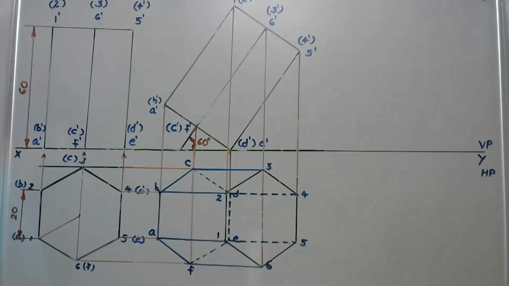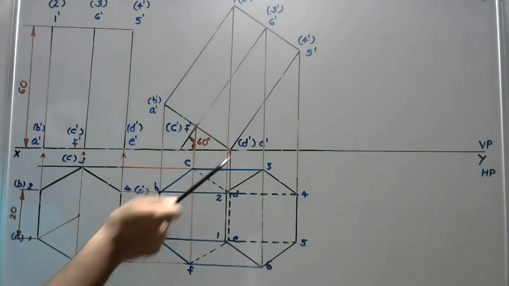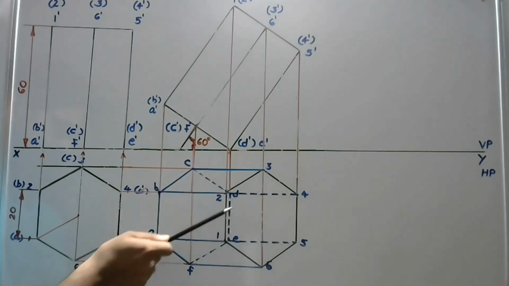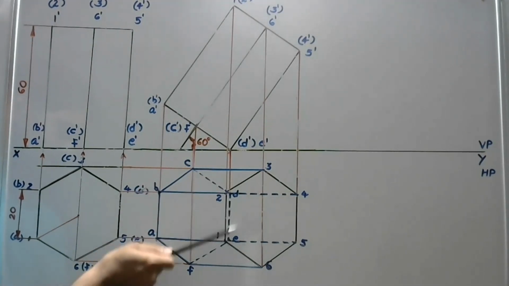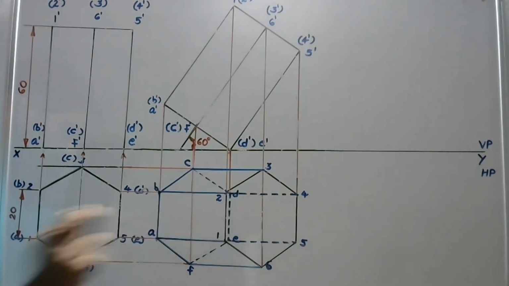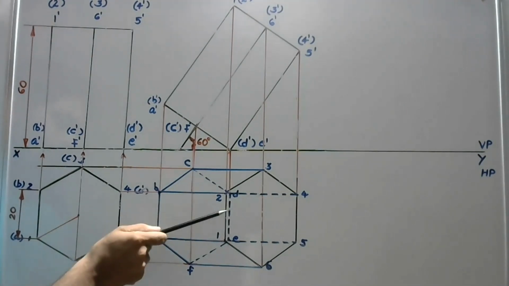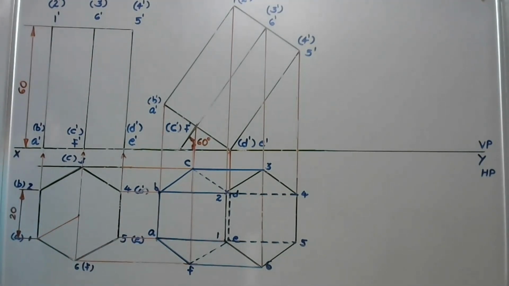Next case, third case is the base edge on which it rests. That means D dash E dash corresponding top view DE. This is a base edge. Now the solid is resting. That is inclined 40 degree to VP, which means 40 degree to VP is visible in the top view.